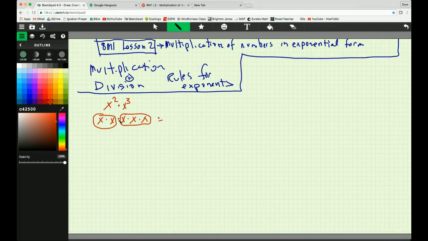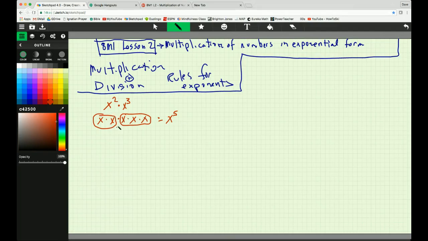And so how many x's do we have multiplied? Well, that's x to the 5th. So the rule is when you're multiplying powers, you add the exponents, which is counterintuitive because it seems like when you multiply numbers, you should be multiplying your exponents, but that's not true, and you can see that here.